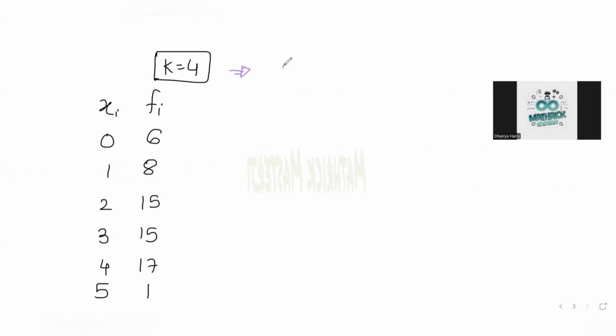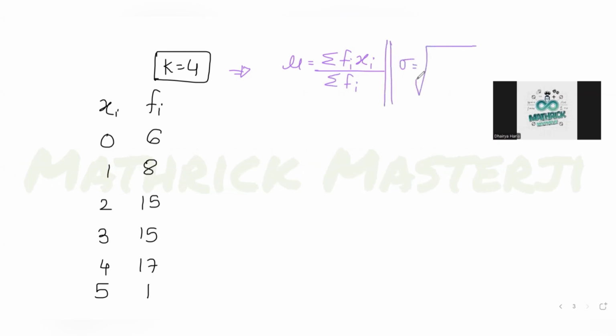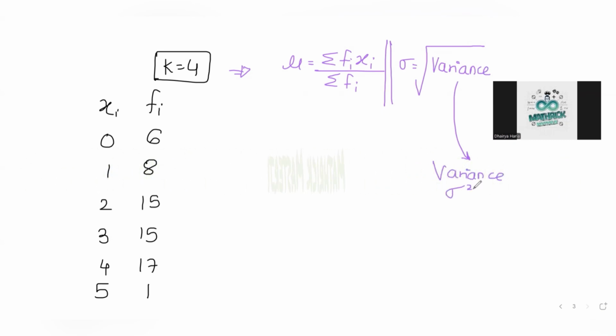So we know mean is basically given by summation of fi xi over summation of fi. And standard deviation is given by the square root of variance, where variance, also written as sigma square or standard deviation squared, is basically given by summation of fi xi square over summation of fi minus summation of fi xi over summation of fi, the whole square.